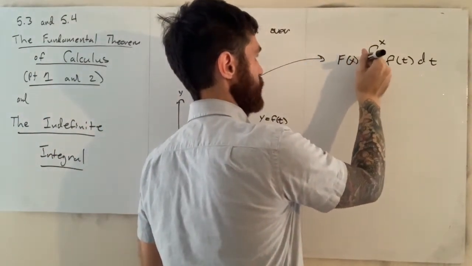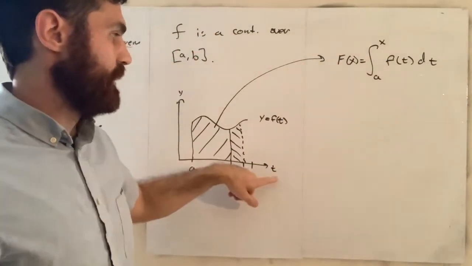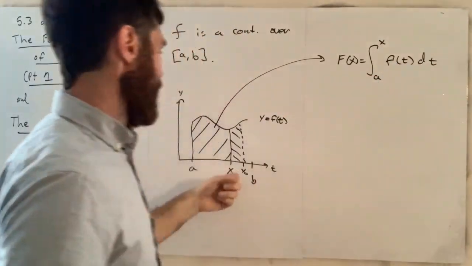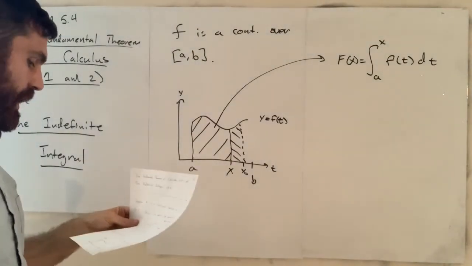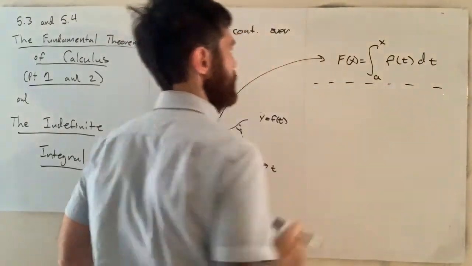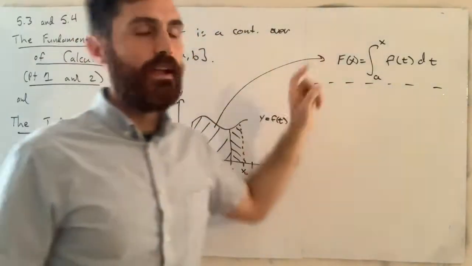So I can actually think of this thing as another function. This time it's a function of x. I'm not thinking of it as taking in the variable t. I'm thinking of x as being a variable that changes between a and b. Now, this allows us to have functions and create new functions.